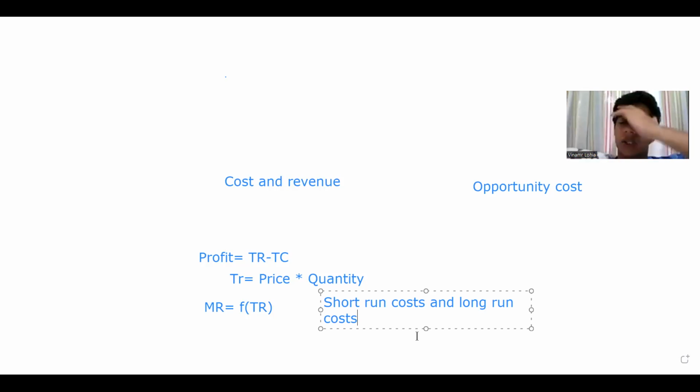Can long run costs be like machinery, land, and all that? Yes, that's right. Short run costs can be the wages paid to the labor, the salary, the price of raw materials.